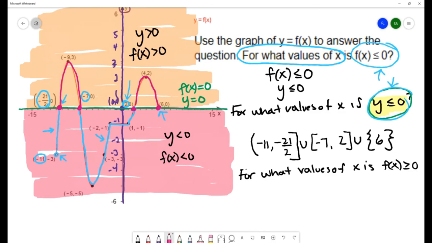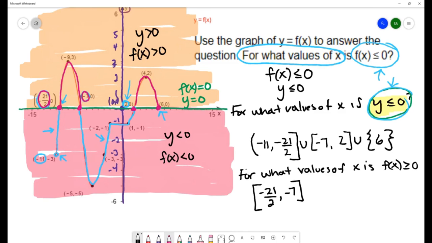So we have two intervals of numbers, and these numbers would start with an x of negative 21 over 2 and end with negative 7. And we would use brackets because of those numbers being on the x-axis.